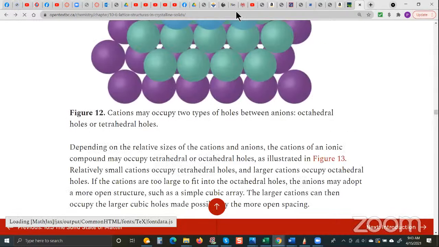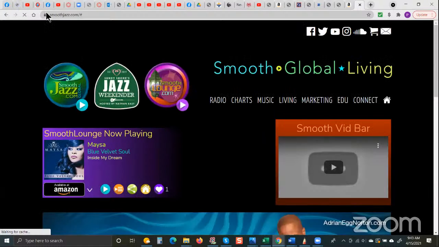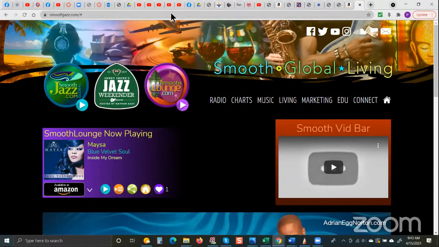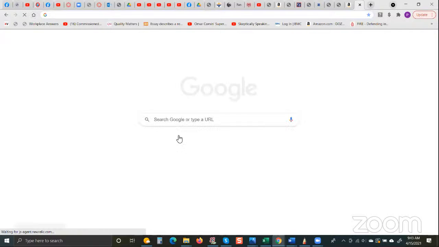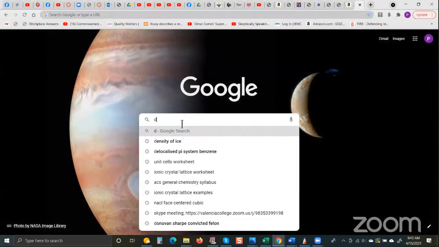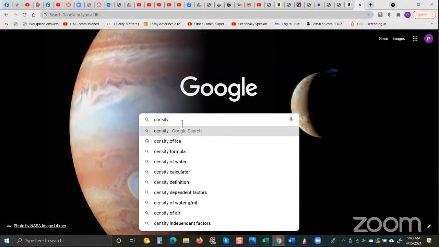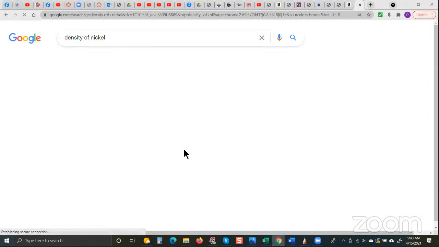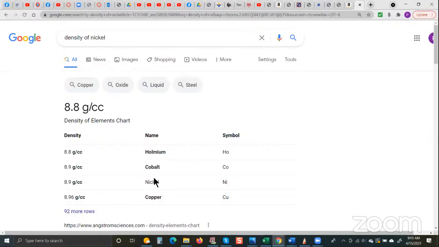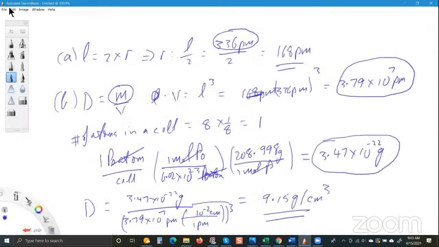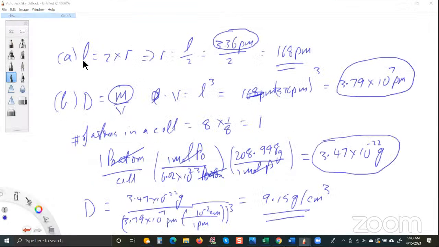Density of nickel. Okay, so according to this, the density of nickel is 8.9 grams per mL. So let me write that. Well, let me get rid of this first.